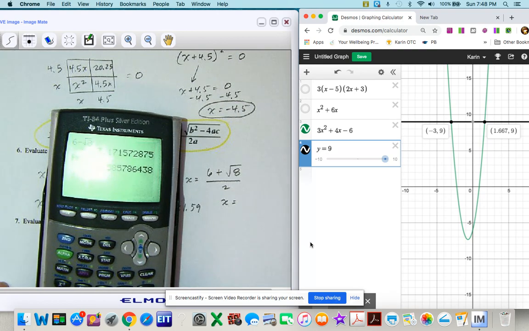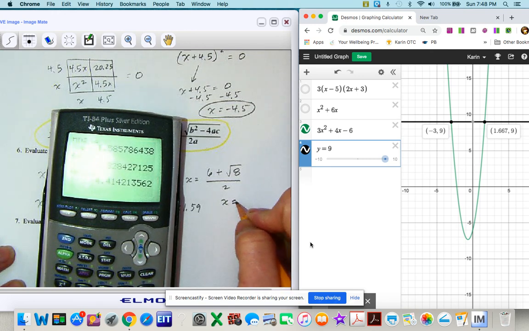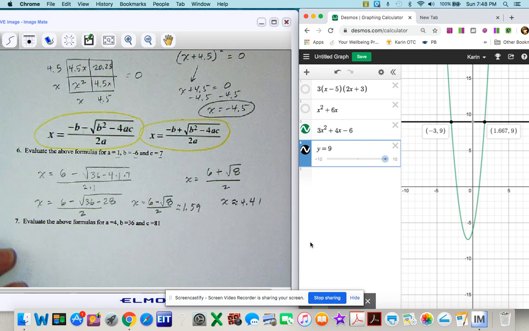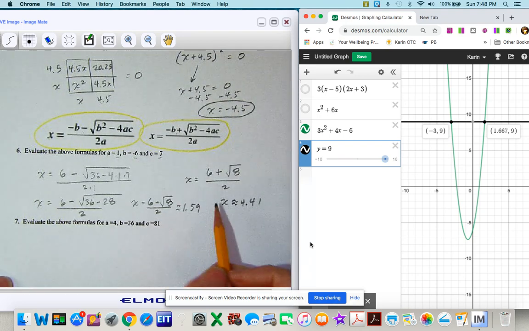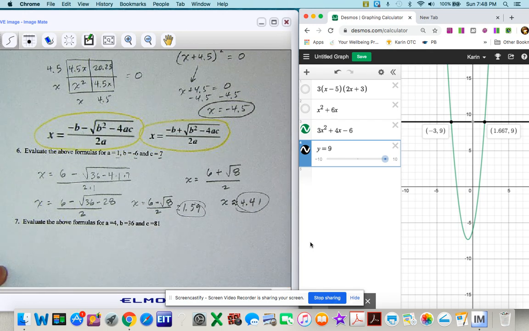So 6 plus the square root of 8, divide that by 2, and I get x is approximately 4.41. Okay, so I got these two answers when I did this. I wonder what that all means.